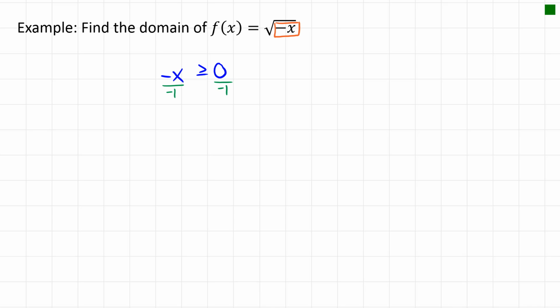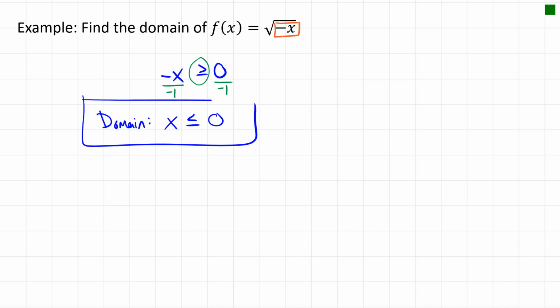You'll have to recall, though, that when you divide by a negative number around an inequality sign, it's going to flip the direction of the inequality. So divide by negative 1, we're left with regular positive x is less than or equal to 0, because 0 divided by negative 1 is still 0. So really what that did is it flipped the inequality, but it got rid of the negative sign. And here's our domain. x is less than or equal to 0.